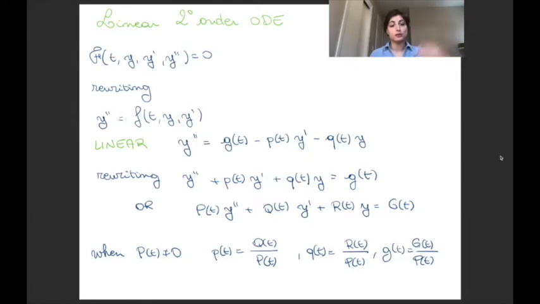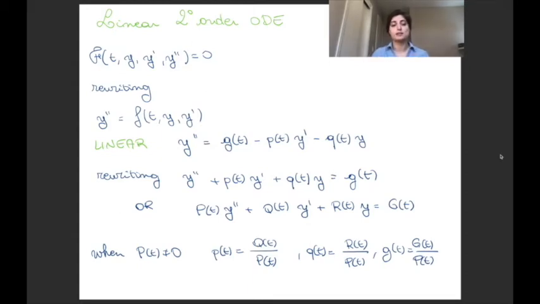Obviously, these two things are related very closely because when this capital P is different than 0, we can divide everything by capital P, and we have a relationship between these two rewritings. But we're mainly going to be looking at the situation in which y second doesn't have any coefficient other than 1 in front of it.